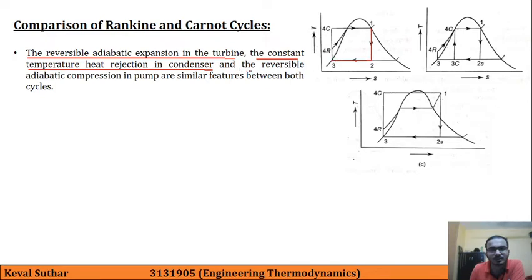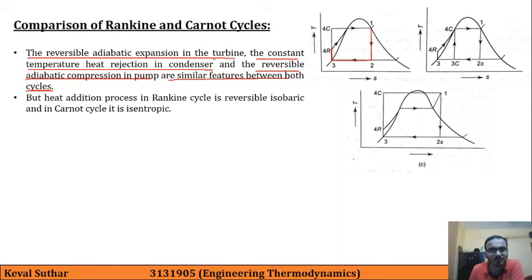And the reversible adiabatic compression in the pump, that is over here. These are similar features between both cycles. If you see both the diagrams together, these three processes are the same. The only difference is that the heat addition process in the Rankine cycle is reversible isobaric, and in the Carnot cycle it is isentropic.